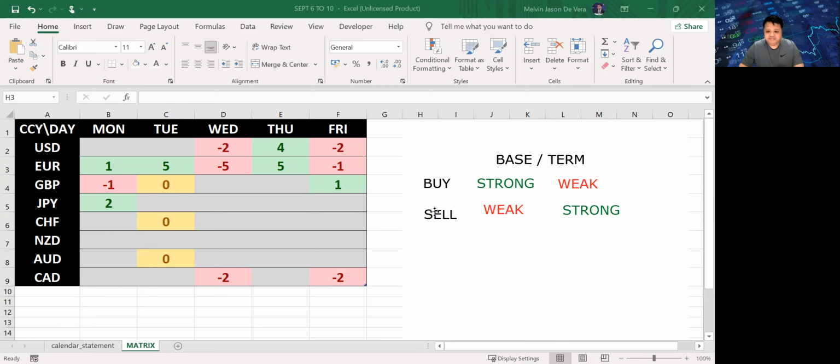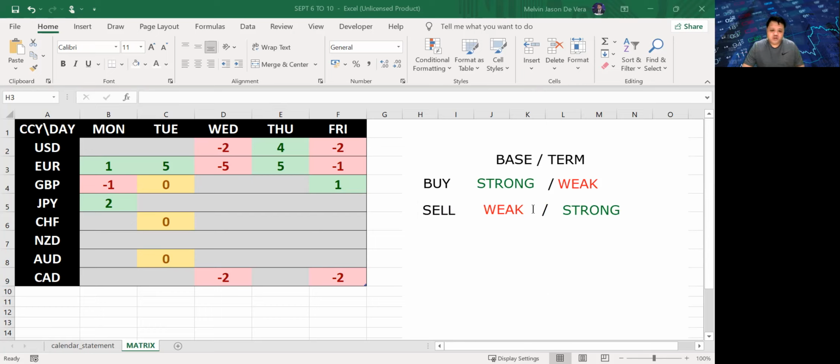Alright? So let's put the slash. There you go. Yung parehong strong, yung parehong weak, huwag nyo nang ititrade yun. Huwag nyo i-prepare yun for the same day.